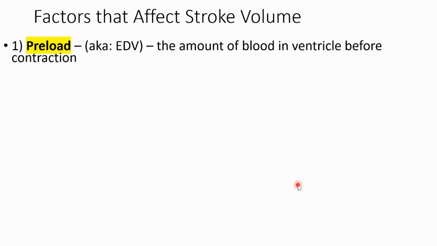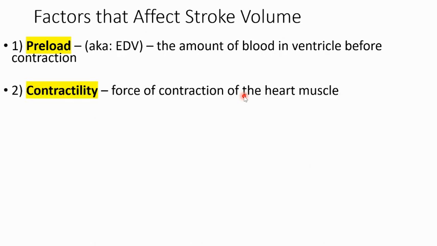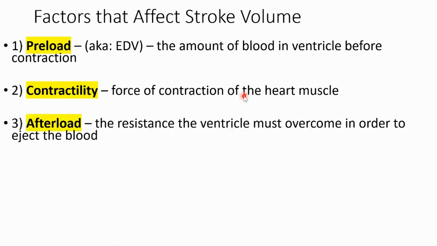So what factors affect stroke volume? Well, you've got a handout in your packet. Preload, also known as end diastolic volume, is the amount of blood in the ventricle before contraction. That's a factor that's going to affect stroke volume. Another one is contractility. We just talked about that. That is the force of the contraction of the heart muscle. Afterload is the resistance the ventricle must overcome in order to eject the blood.